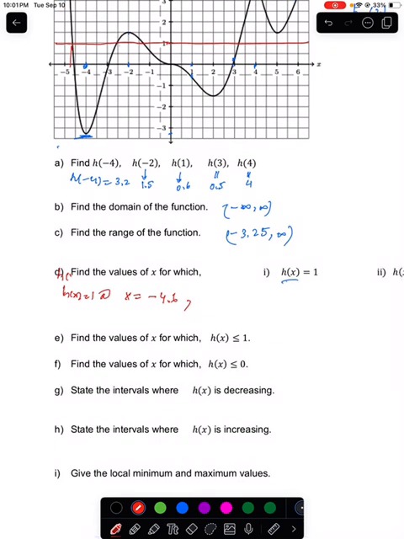Wherever this is crossing, these are the 4 points at which it's crossing. Just now read the corresponding x value. So this will be negative 2.5. Then we have negative 1 point, so this will be negative 1.3 or 1.4. And then we have one more point, which is 3.2.